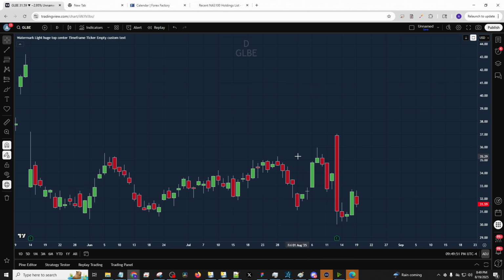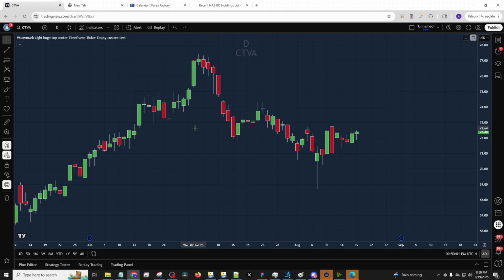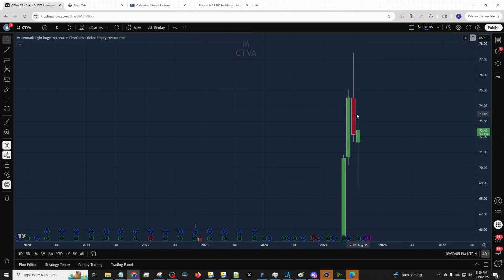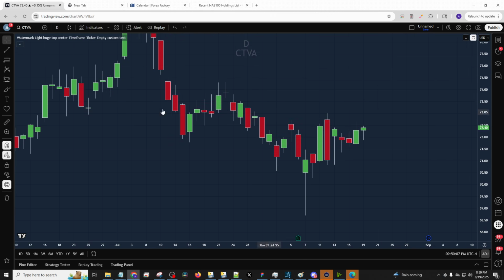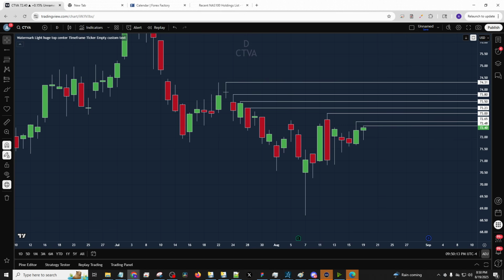A lot of inside weeks on these inside days tonight, which is similar to last night. GTVA inside day could become the PMG to the upside.